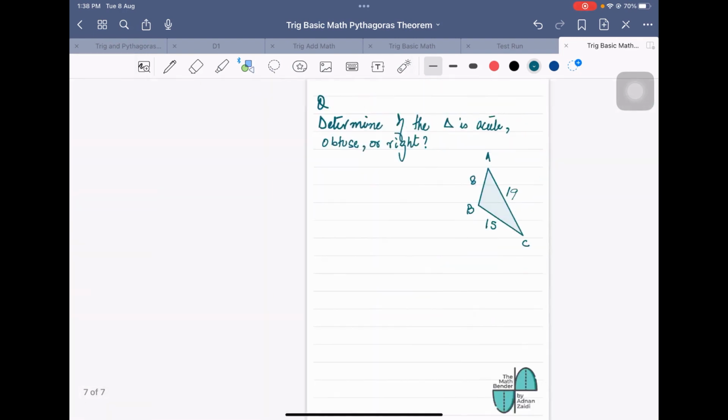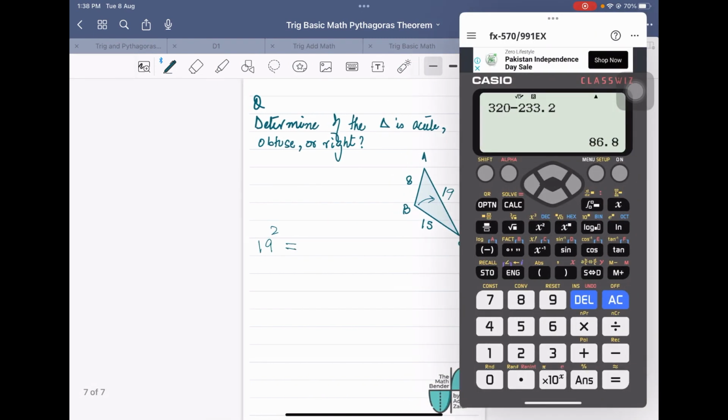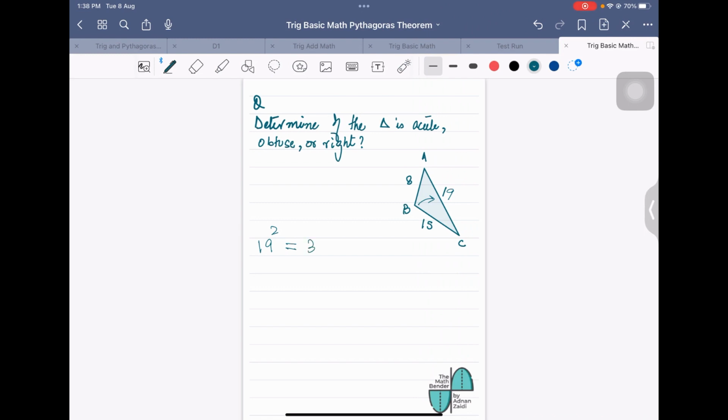Let's see if we have a question like this. If we have to determine whether it's an acute, obtuse or right angle triangle, by just looking at it, I can identify that this is the longest side. So it's understood. Let's write down 19 squared is equal to 361.